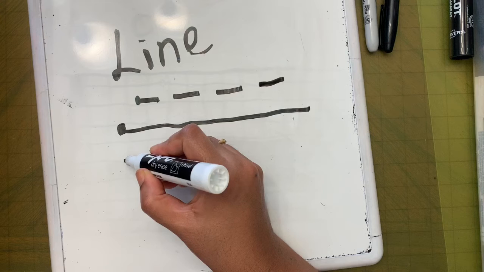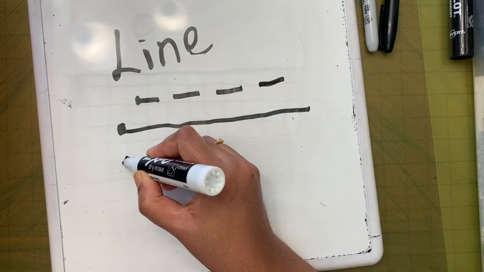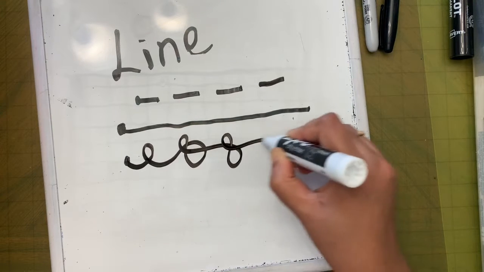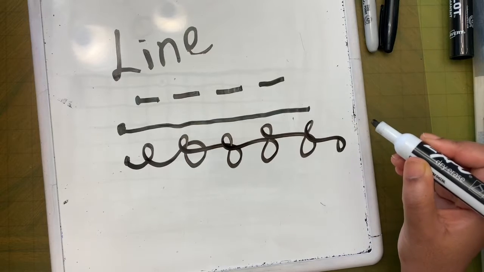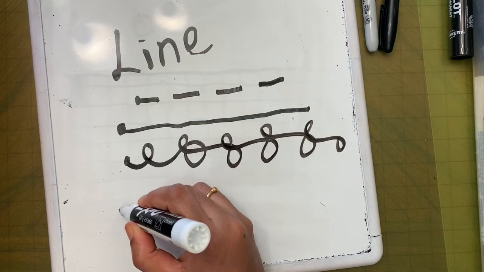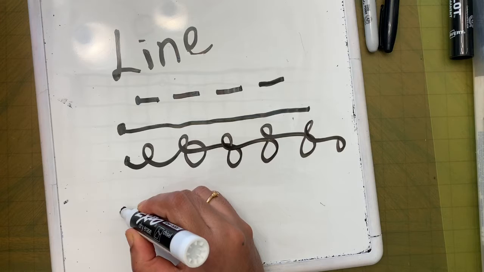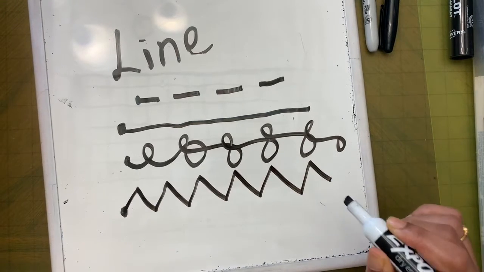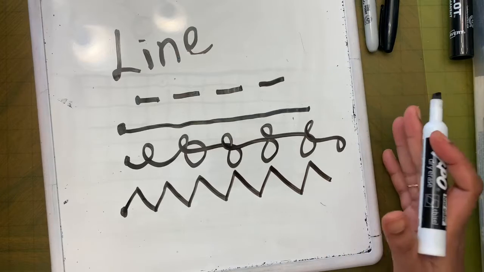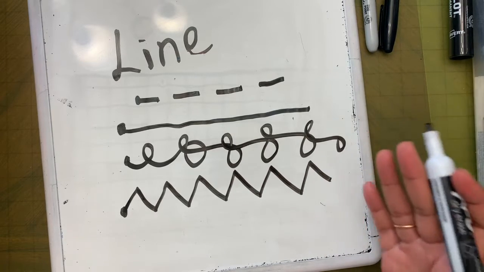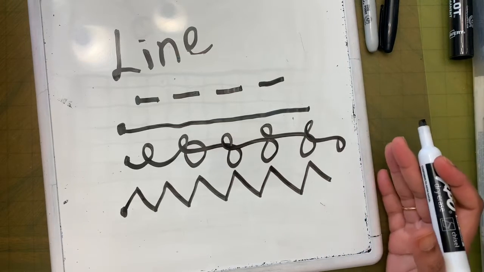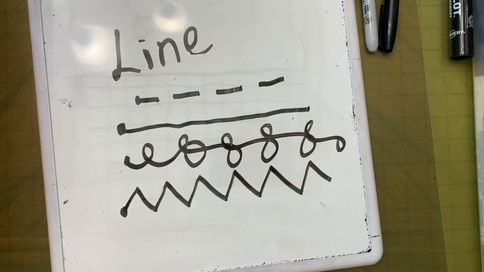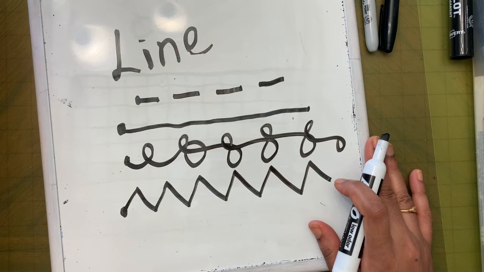If the dot decides to walk this way, we get another line, right? What will happen if the dot wants to walk like this? We get another type of line. So a dot going on a walk is what a line is, according to Vincent van Gogh.